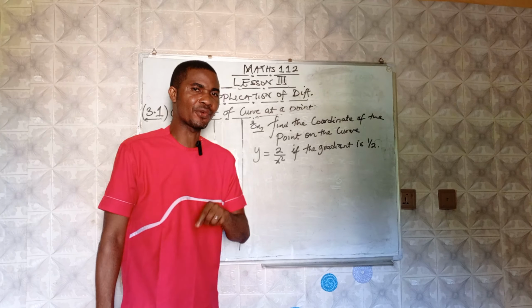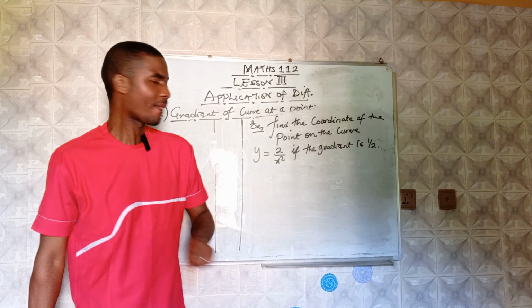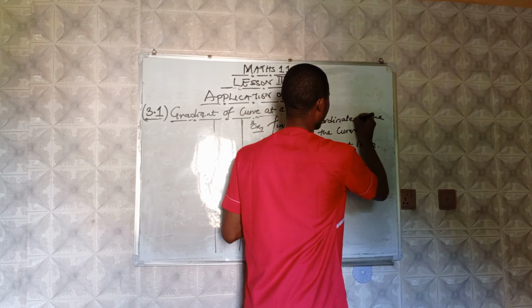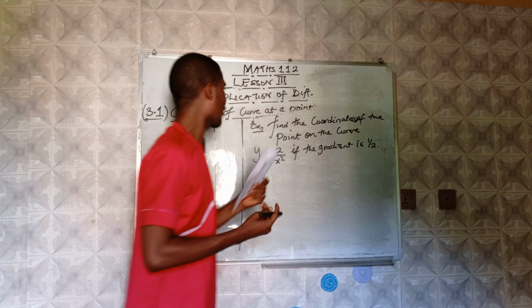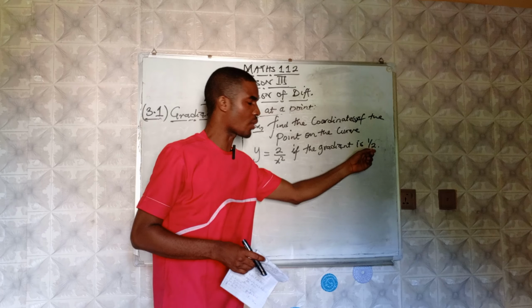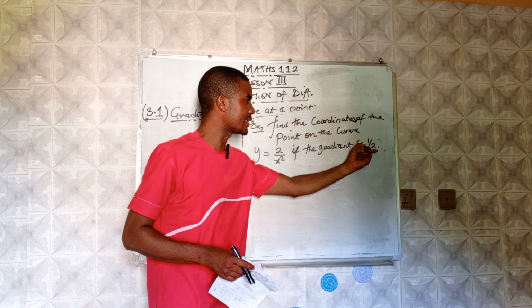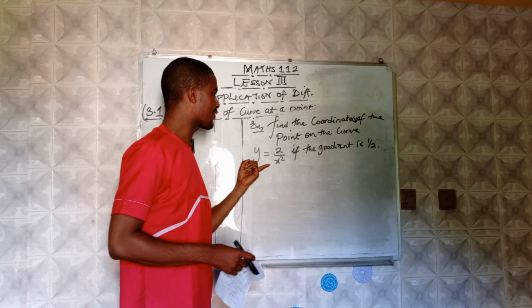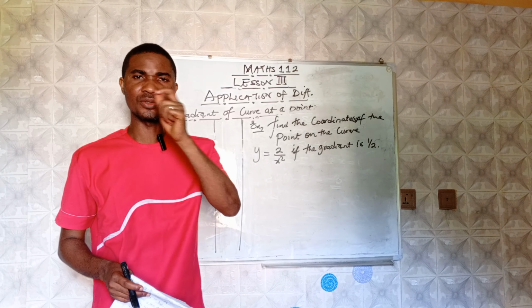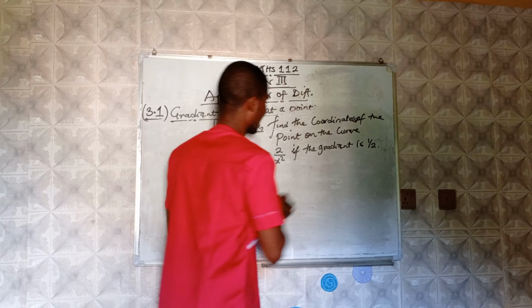Now, we are the ones looking for the values of x and y. Find the coordinates of the point on the curve if the gradient is half. They've given me the gradient and the curve, but they took away x and y.